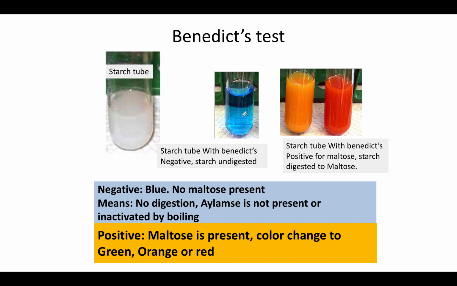It will stay its regular blue color, no color change. If there is color change from green to yellow to orange to red, it depends on the concentration of maltose. Red means there is high concentration of maltose by percentage.